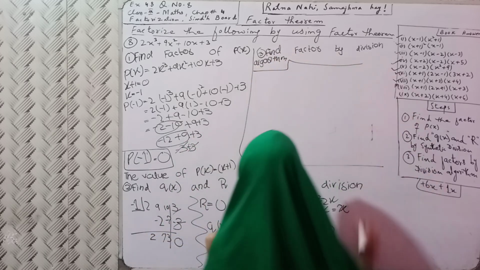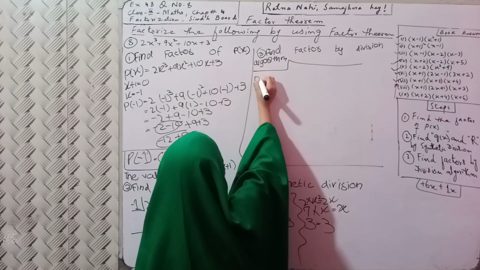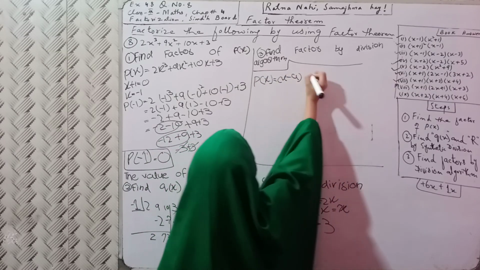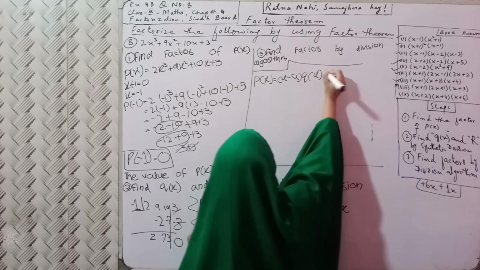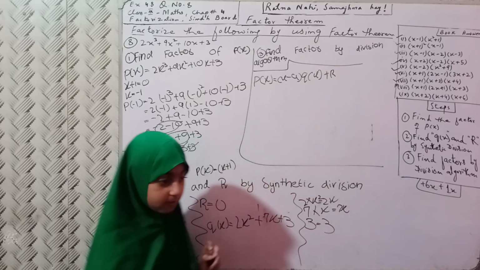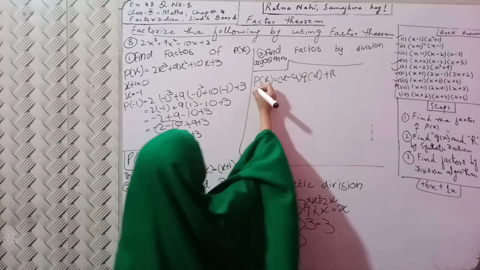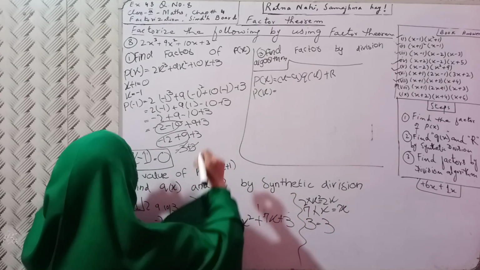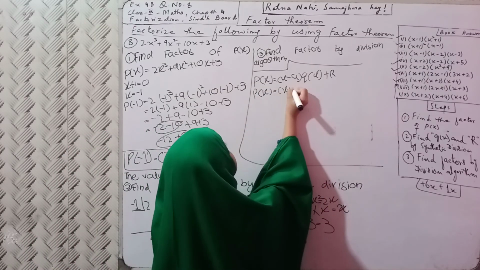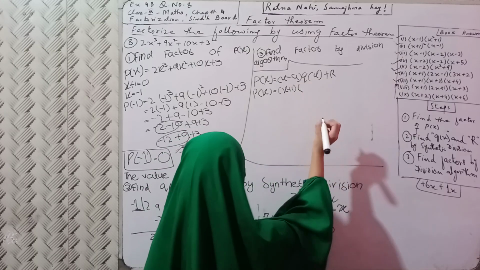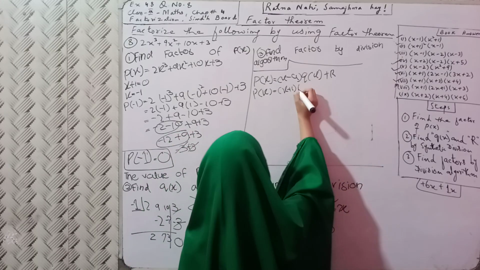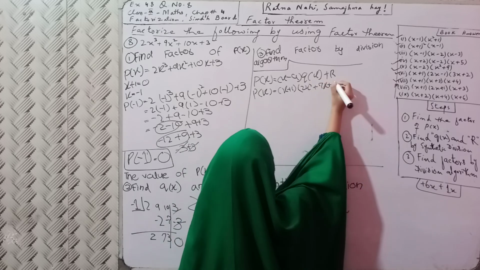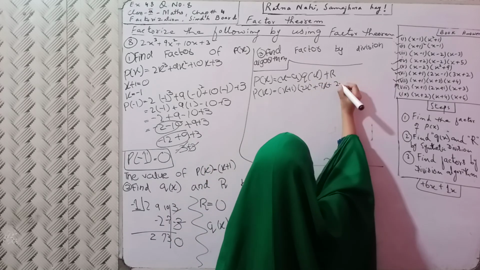Okay, now first of all we will write the formula. Now we will write p(x) is equal to x plus 1 times 2x square plus 7x plus 3.